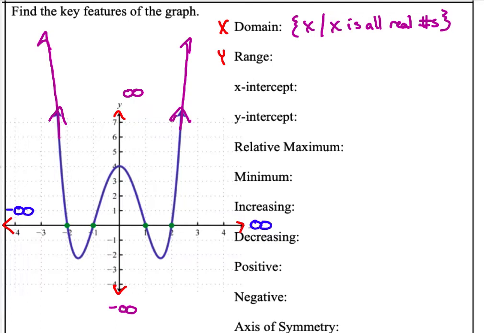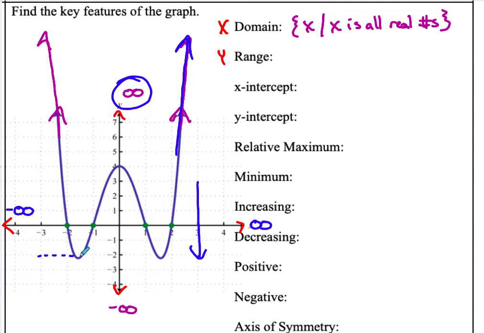The range we have to be a little bit more careful with. As the graph is going up, those y values are going to go all the way up to infinity. Those y's would keep getting taller and higher. But as we head down on the graph, notice it doesn't keep going all the way down to negative infinity. It stops.